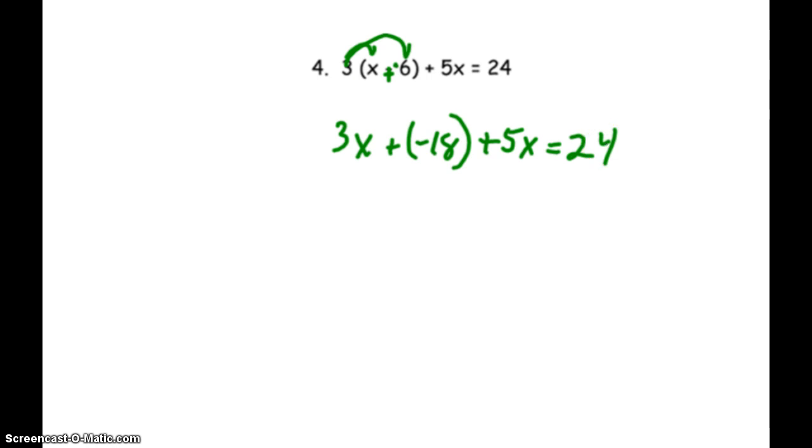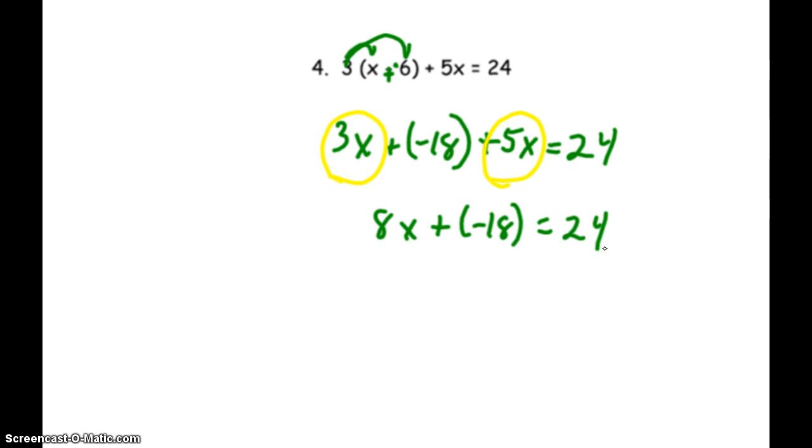Next, let's apply combining like terms. So we have this term that's alike and this term that's alike. So 3x plus 5x is 8x plus the negative 18, and that will equal 24.